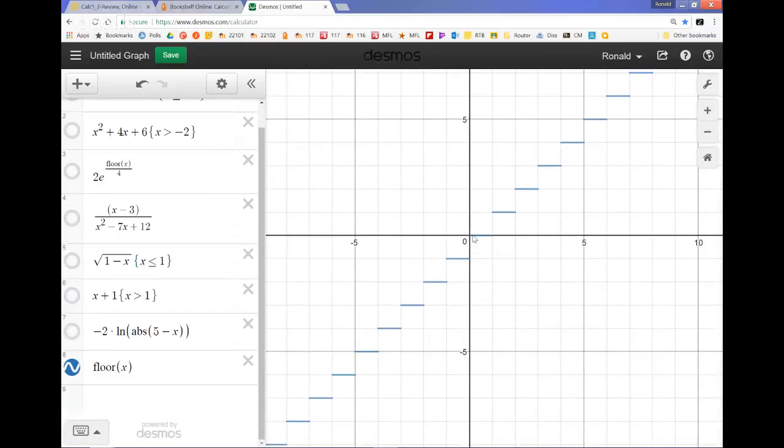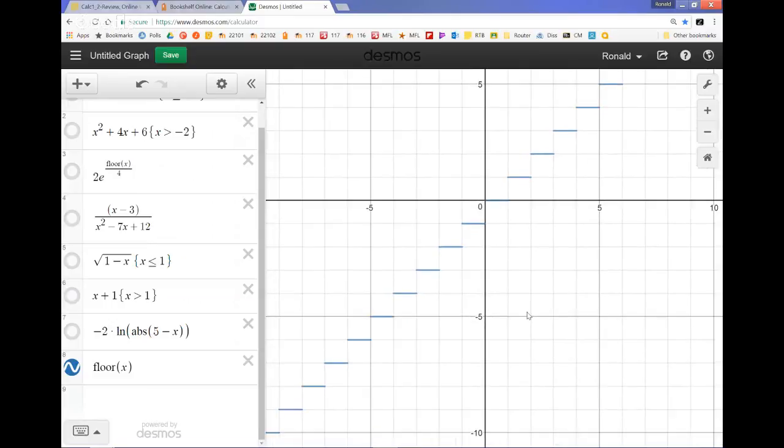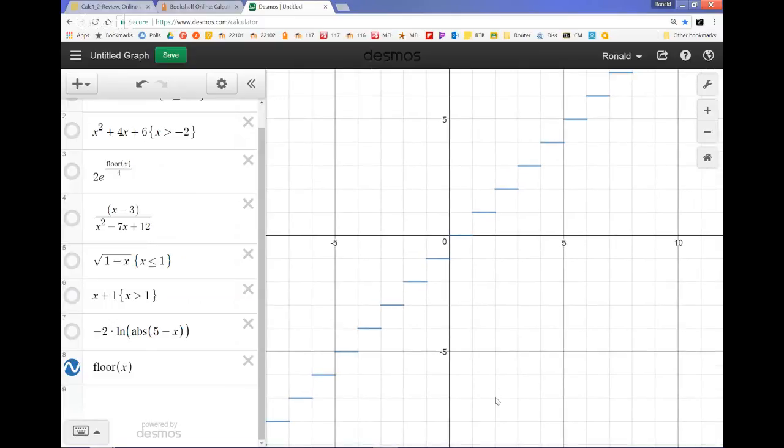What's the greatest integer less than or equal to 0.5? 0. And so where's the height? 0. 0.9, 0. But as soon as I ask you the greatest integer of 1, it hops up to 1. So you wind up with this kind of a map for the greatest integer.